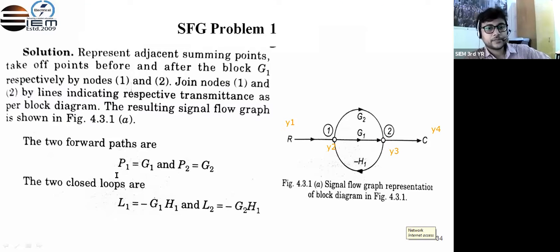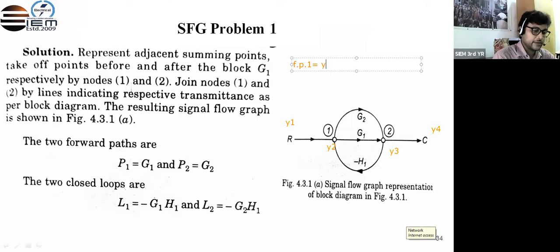Okay. Now how many forward paths are there? There are two forward paths. Say one is P1, the forward path 1. What is forward path 1?